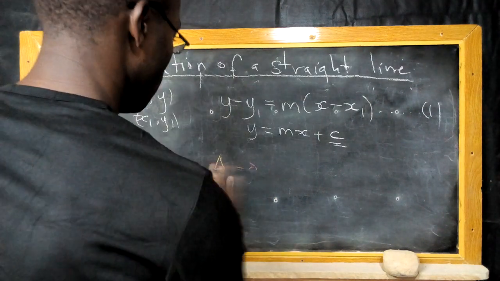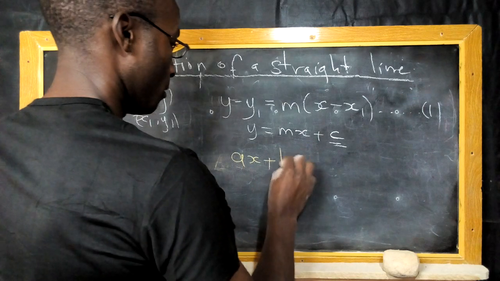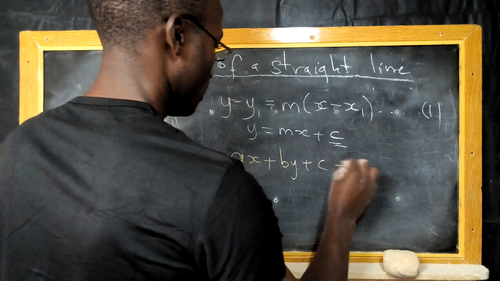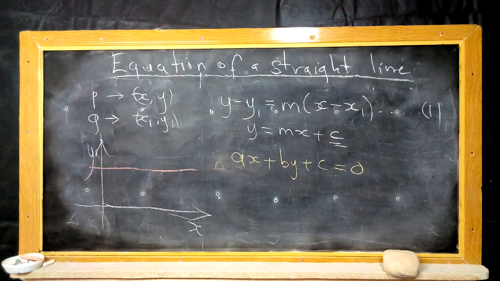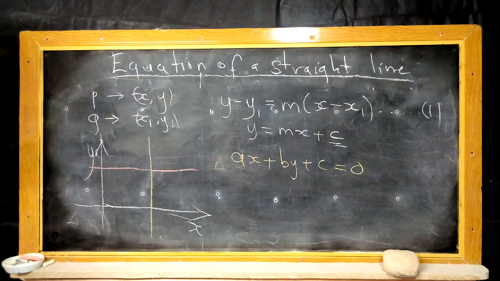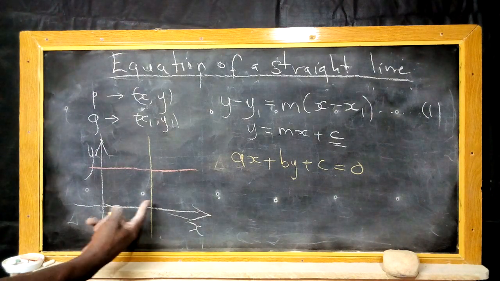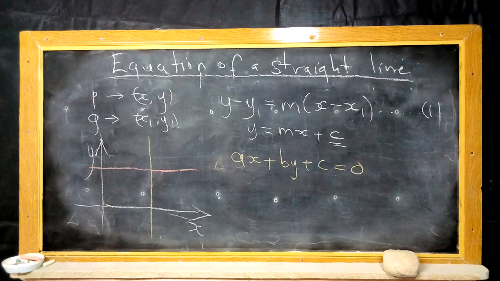this one is derived from the general formula ax plus by plus c equals 0. So that form of a line is used to express the equation of a straight line which is either parallel to the x or the y-axis. This is parallel to the y-axis, whereas this one is parallel to the x-axis.